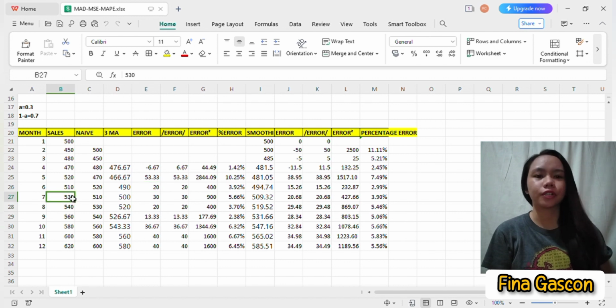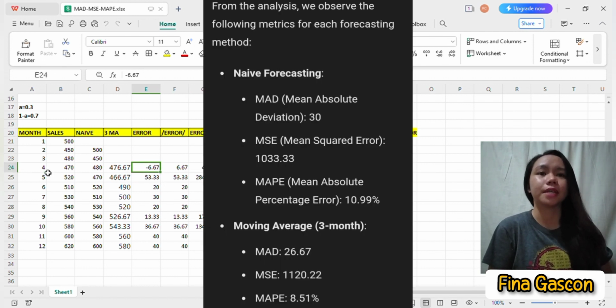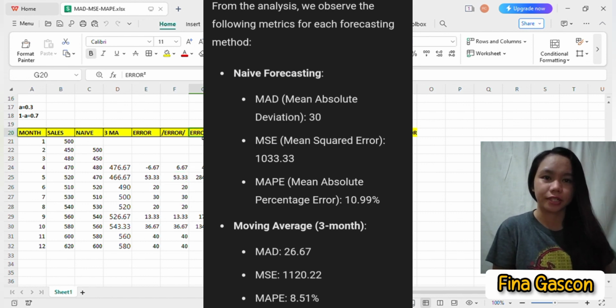In summarization of the findings based on the analysis, we observed the following metrics for each forecasting method. For naive forecasting, the mean absolute deviation is 30, the mean squared error is 1033.33, and the mean absolute percentage error is 10.99%.